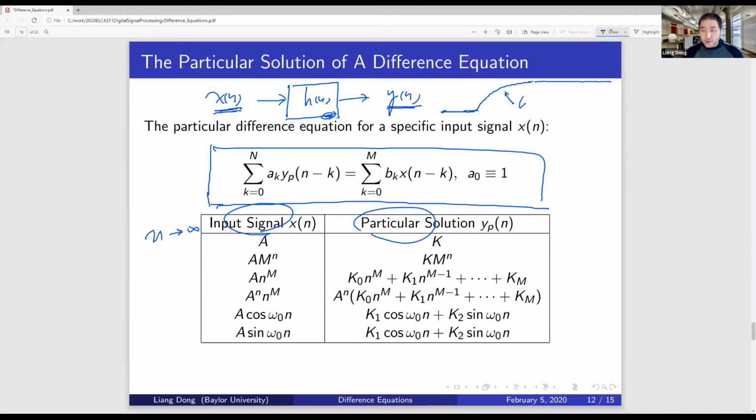This is the transition state, and from here is a steady state or static state. Now this part is due to the things according to the system itself, and the steady state is according to the input, whatever input you give it.